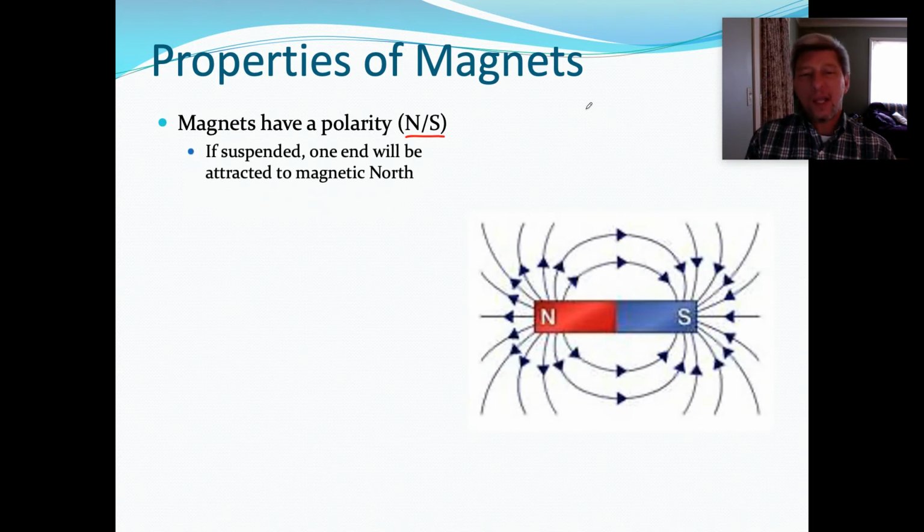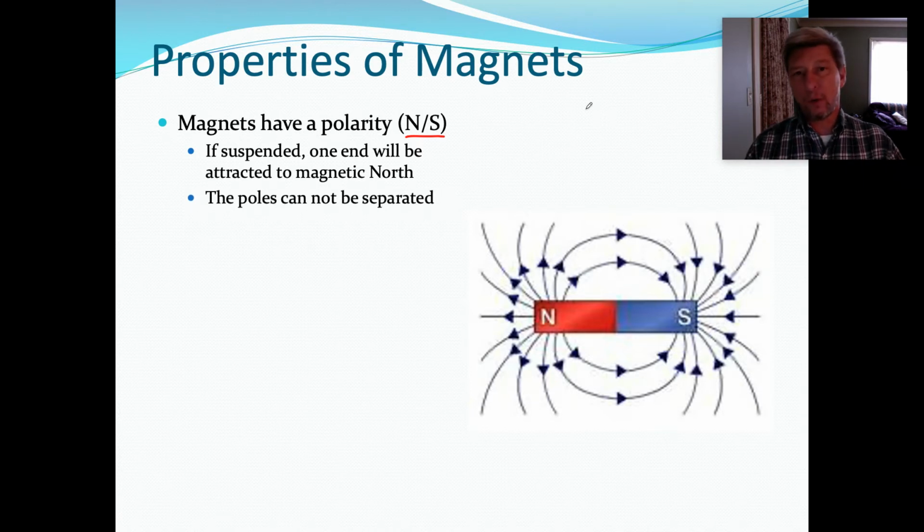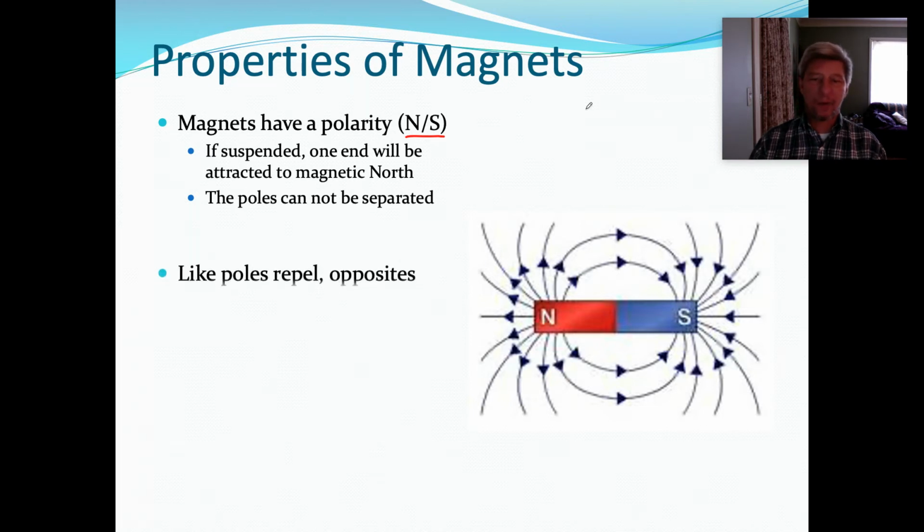And so if you suspend a bar magnet from the ceiling, and in our classroom, I usually literally tie a string to the ceiling and hang a magnet from it, eventually you'll see that it will orient itself so that one end is pointing toward the north of the Earth and the other end is pointing toward the south of the Earth.